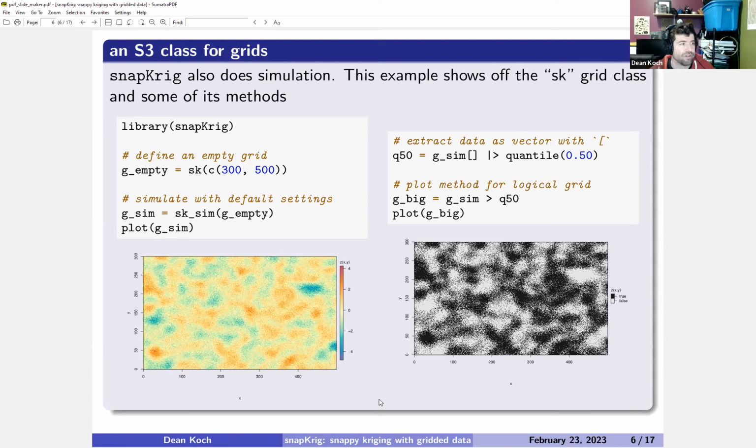Or you can just create one from a matrix of values. And we'll see some examples where I use snapKrig and its plot method to visualize a matrix. And I actually find this very convenient as a mathematician to be able to do that quickly, because it can be a little cumbersome with the default base R image plotter.